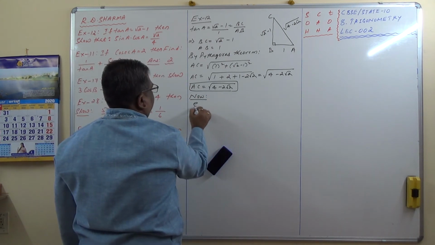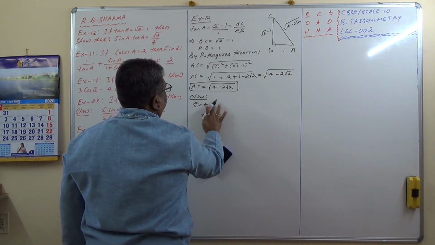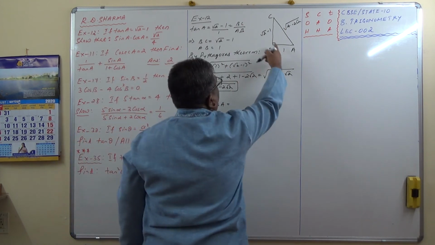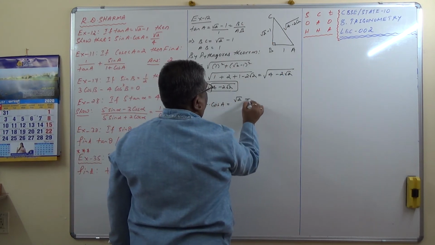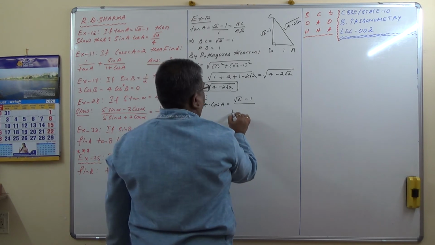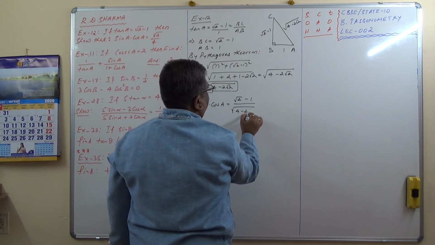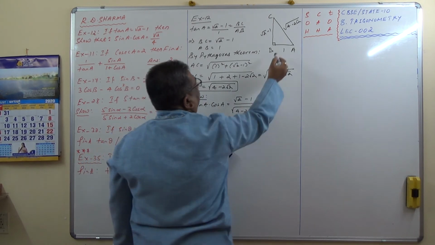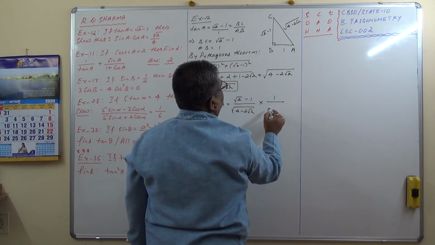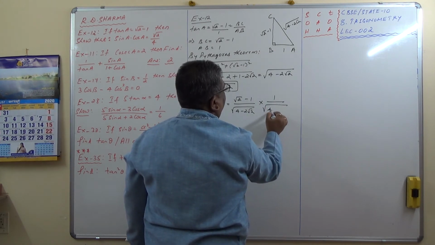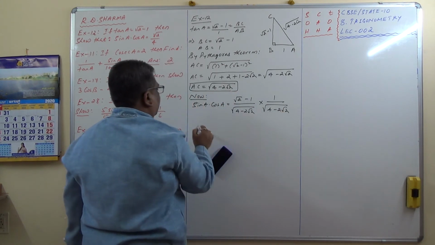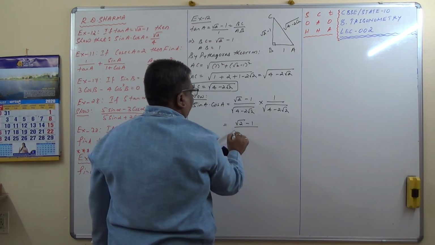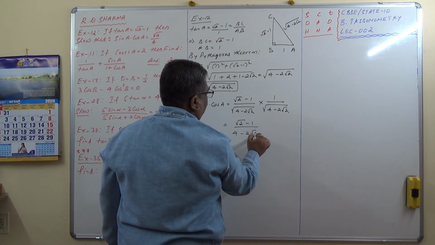Sin A into cos A equals sin A root 2 minus 1 the whole divided by under root of 4 minus 2 root 2 into cos of A 1 divided by under root of 4 minus 2 root 2, which equals root 2 minus 1 divided by 4 minus 2 root 2.